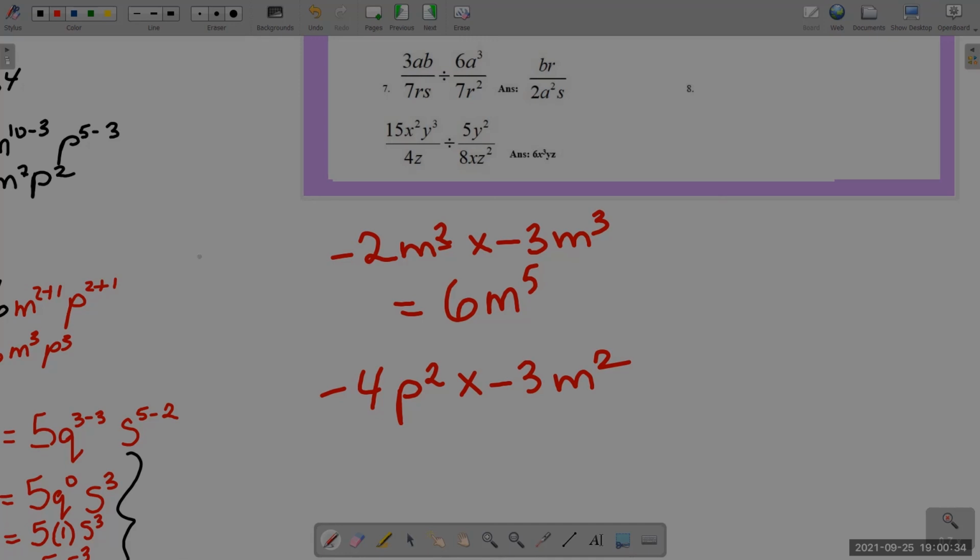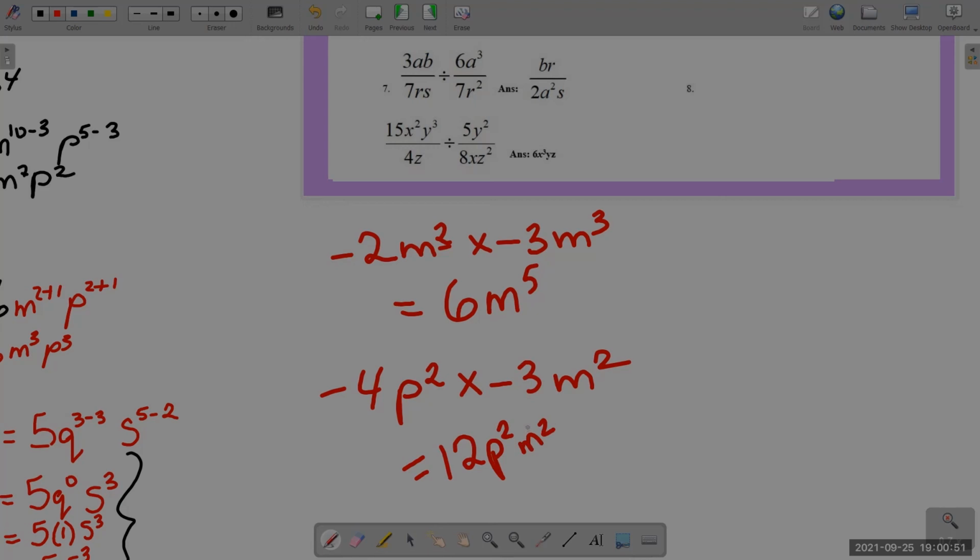All right, so let's take a look at it. Negative 4 times negative 3 is going to give me positive 12. And I ain't got none to change for the p, so I write p squared back. And I ain't got none to change in the m, so I write m squared back.